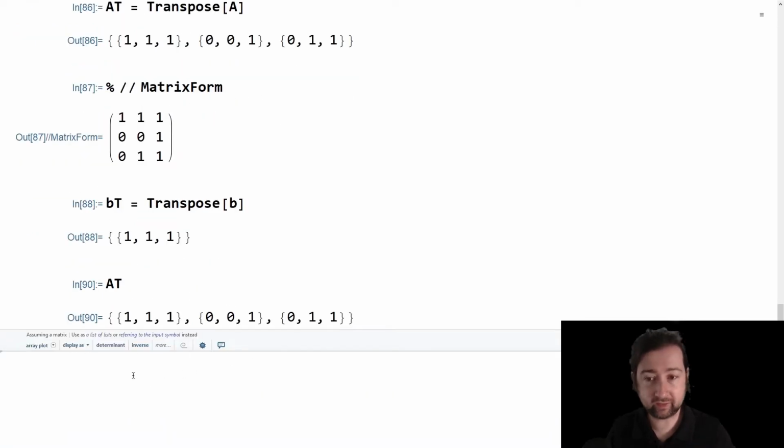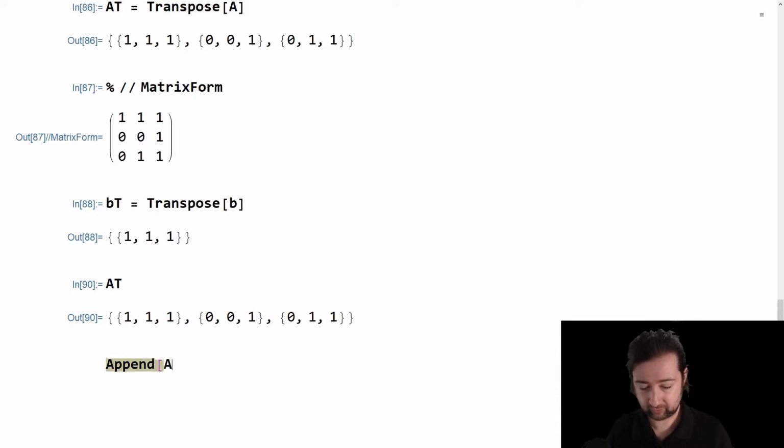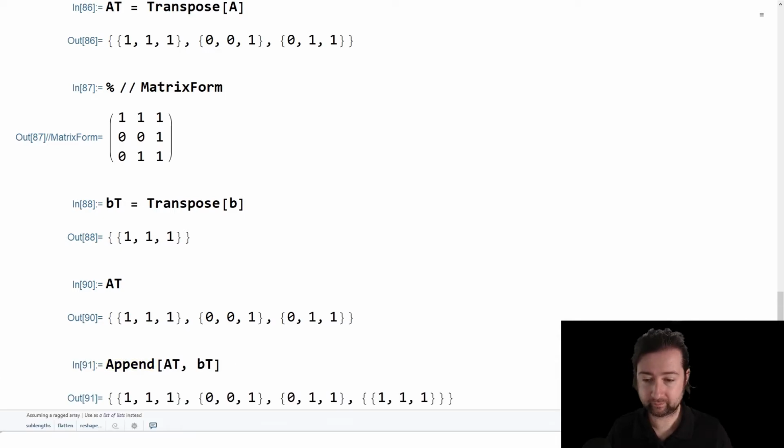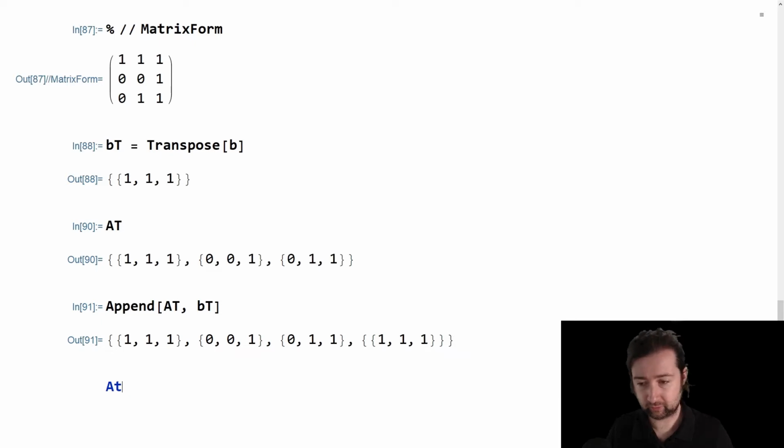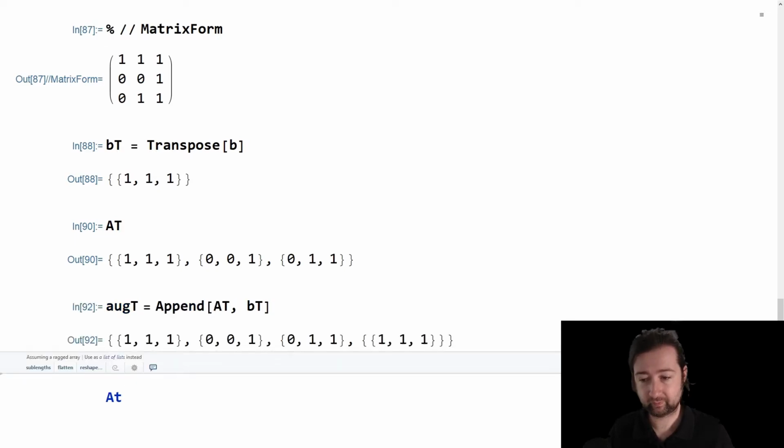So it's easy to do that because you could just write append to A transpose B transpose. Let's make sure that it did what we want. Oh, I suppose I should call this something. I could call it aug transpose.